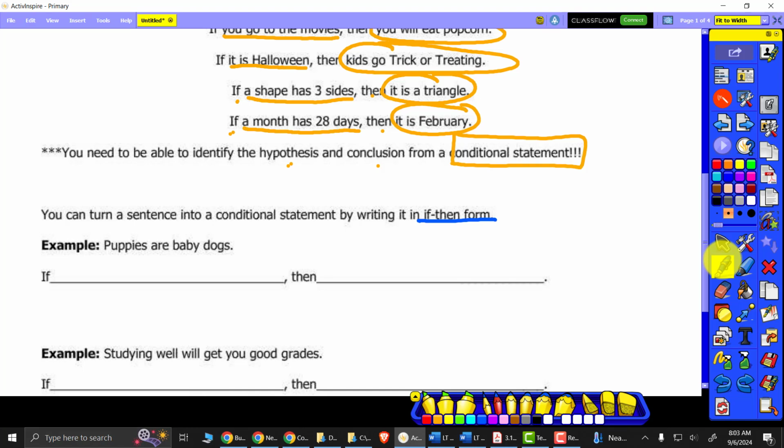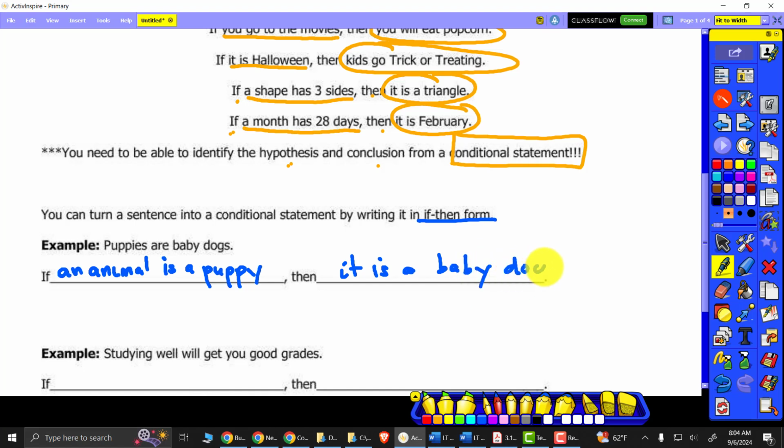So if an animal is a puppy, then it is a baby dog. So we use this as our hypothesis, and this as our conclusion.